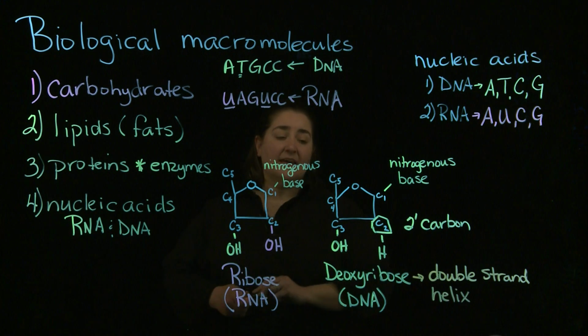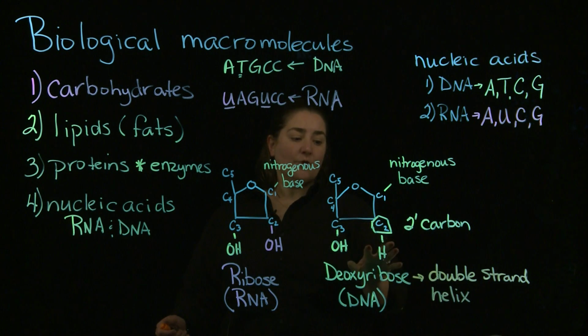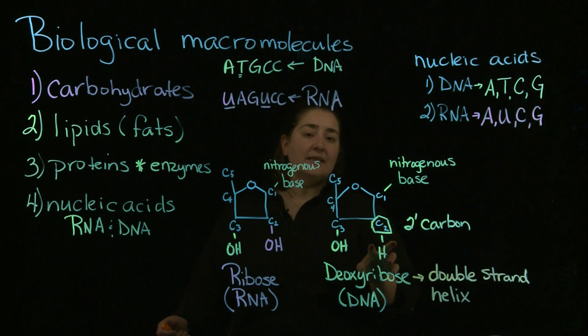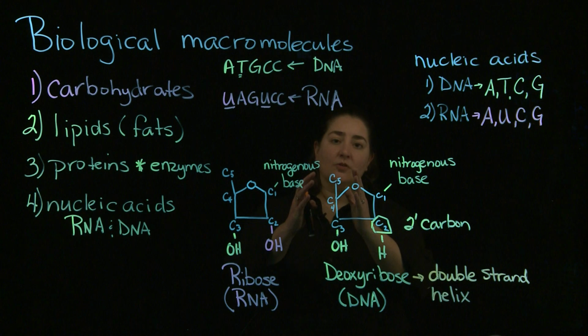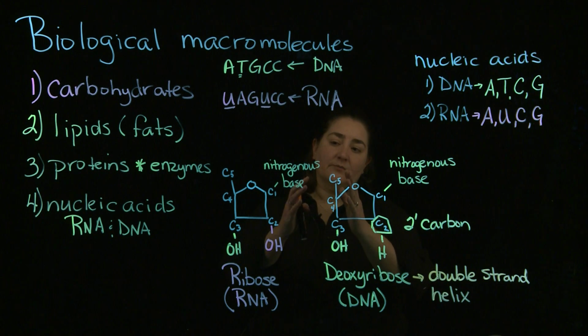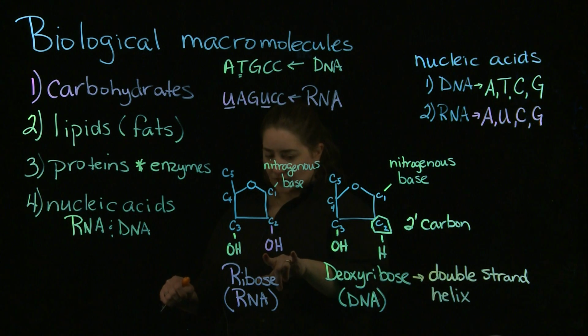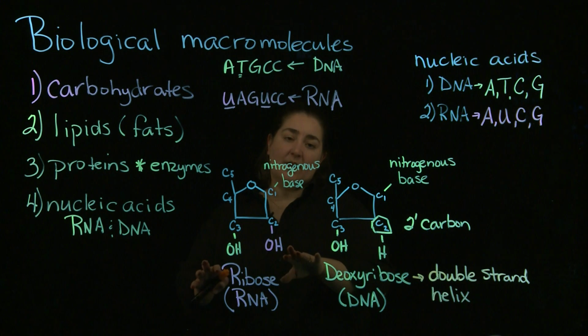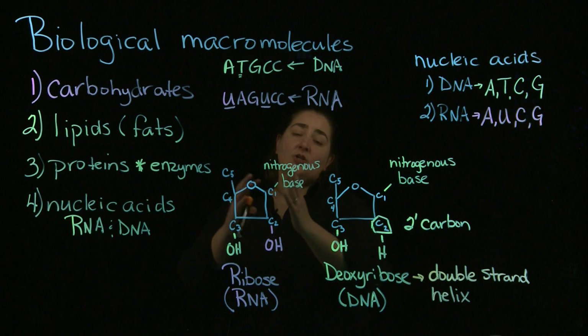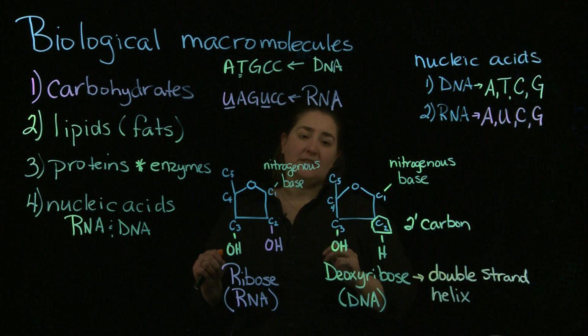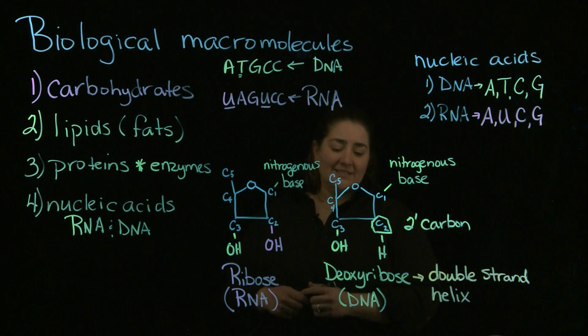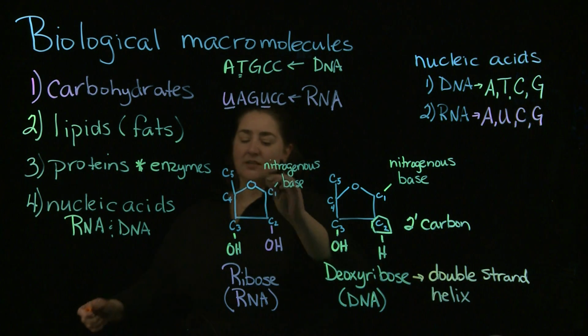The reason that helix can form is because that hydrogen group is small. It doesn't inhibit two long chains of DNA coming together. Having that hydroxyl group present in the ribose, or the RNA, inhibits two chains of RNA from coming together. So our DNA exists as a double strand.